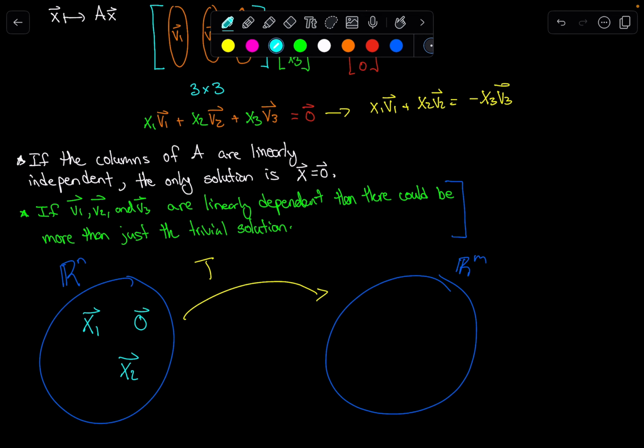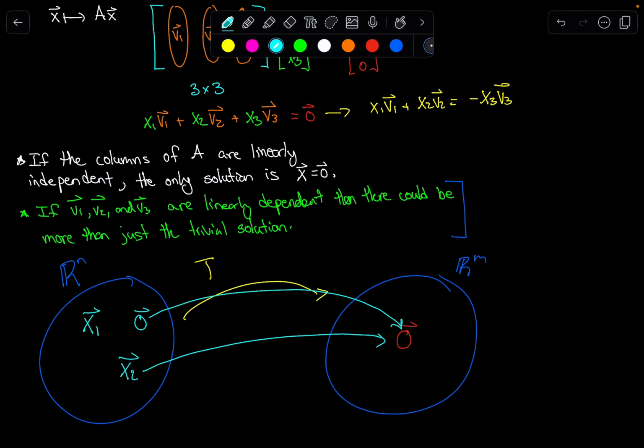And over here in our Rm space, there's the zero vector for Rm. So in my example, of course, we were mapping from R3 to R3, but in general, we go from Rn to Rm. And we know that our transformation definitely maps the zero vector to the zero vector. That one's always going to happen. But if it's linearly dependent, we could have something like this, right?